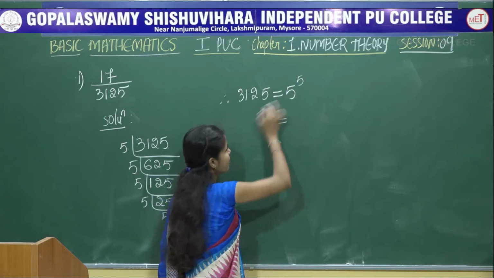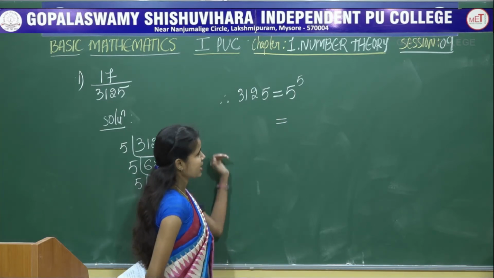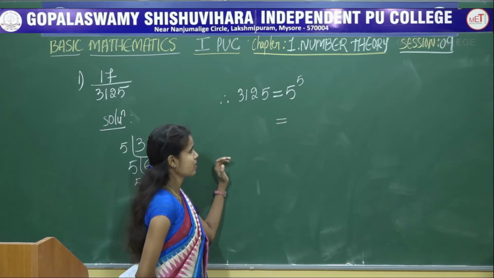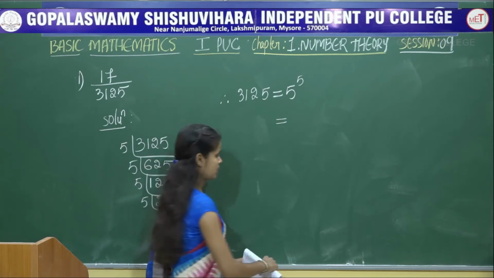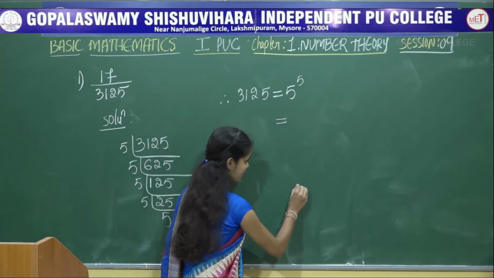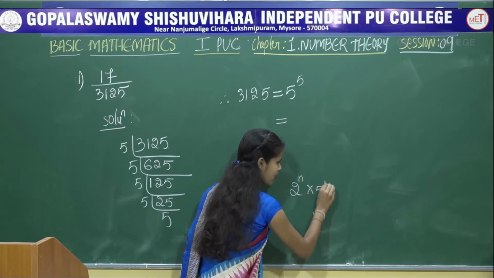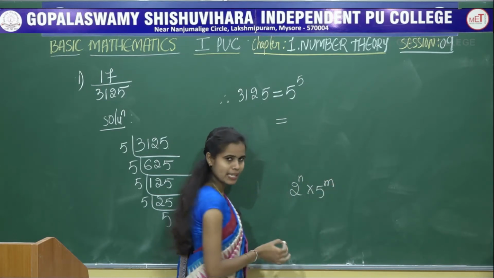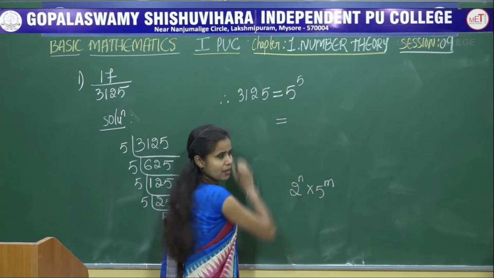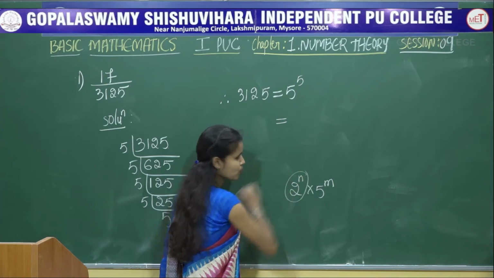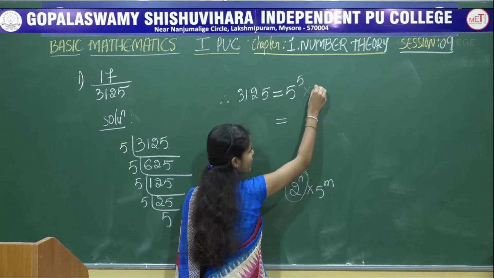But we want the denominator in the form of 2 to the power of n into 5 to the power of m, where n and m are any positive integers. 5 to the power of m is there, but we want 2 to the power of n. Here observe, this can be written as 5 to the power of 5 into 1.